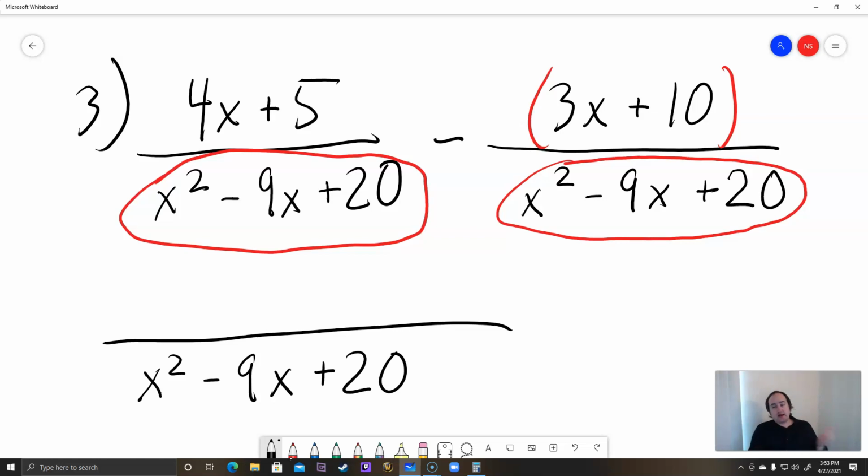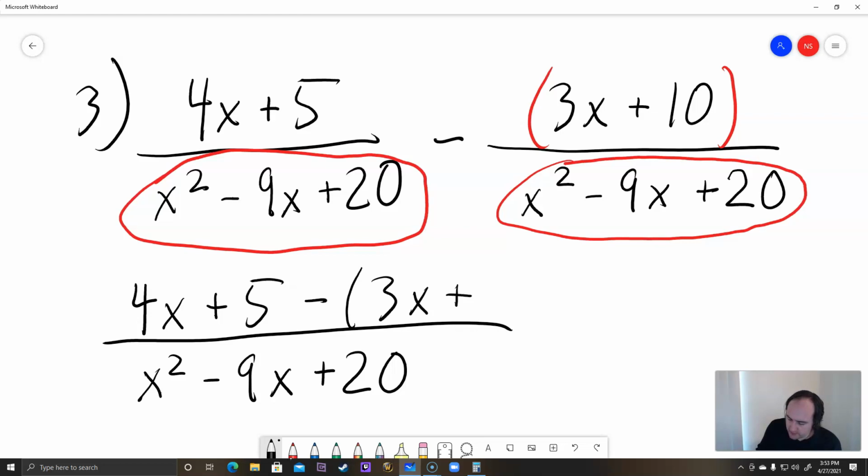But then we're going to subtract in the numerator. So in the numerator, we're going to have 4x plus 5 minus parentheses 3x plus 10. Okay? 4x plus 5 minus the quantity 3x plus 10 all over x squared minus 9x plus 20.